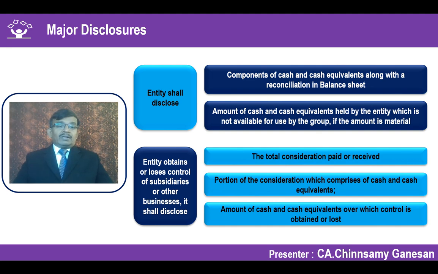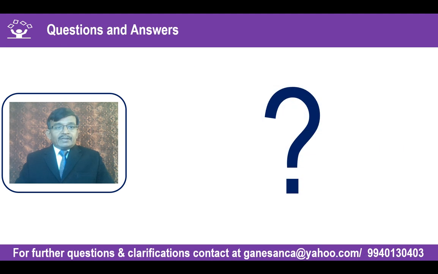Maybe this normally happens with respect to consolidated financial statements. When there is a consolidated financial statement where I have cash and cash equivalent which has come from the subsidiary because I have obtained the control, I should show that as also part of this particular disclosure.